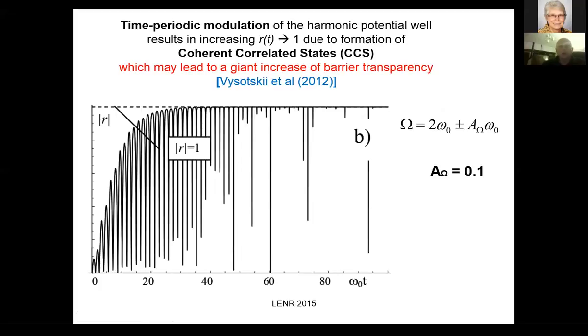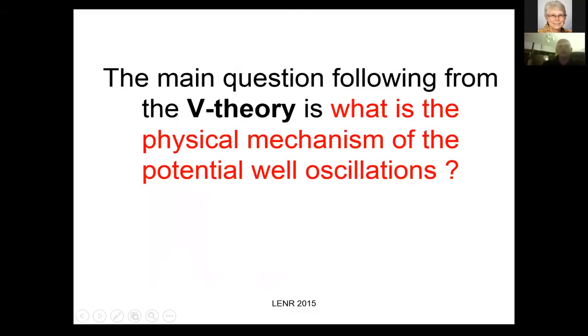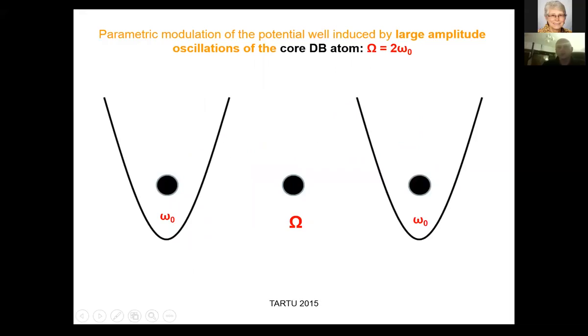So it's kind of a vibrating potential well. If you can make this potential well oscillate, then pure mathematics shows you that the correlation factor increases and becomes very close to unity. And the main question following from Vysotsky's theory is, what is the physical mechanism of this potential well oscillation?